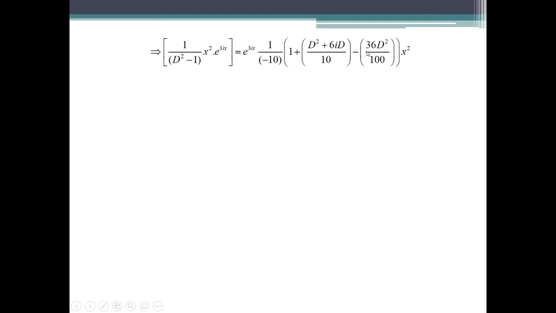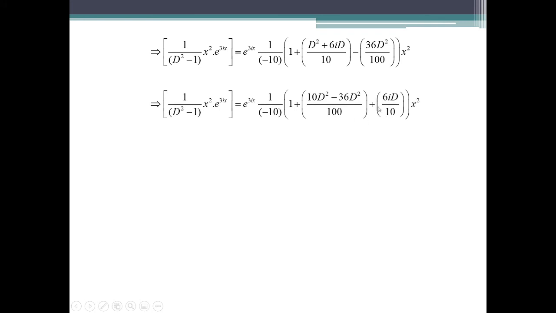Therefore, we get this term. All other higher order derivatives are 0. Now we combine the terms of D square, D and constant term, then we get this term. Here we simplify these two D square terms by taking LCM, and 6iD upon 10 and this.